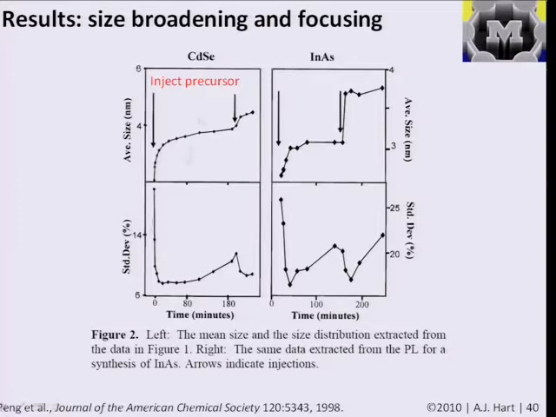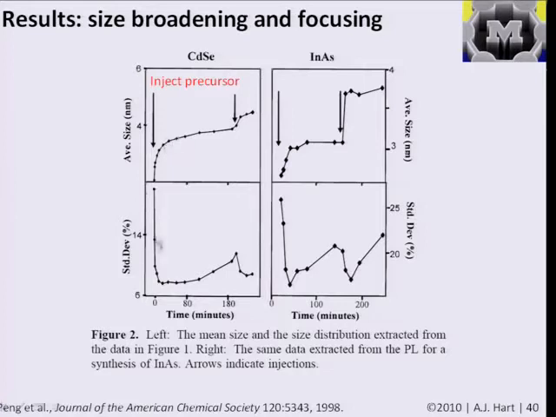So the first arrow here, and they studied two different materials, and we'll just concern ourselves with the first material, cadmium selenide. They injected precursor into the system, and particles formed very rapidly. You went up to a size of, say, between 3 and 4 nanometers within a matter of a few minutes.